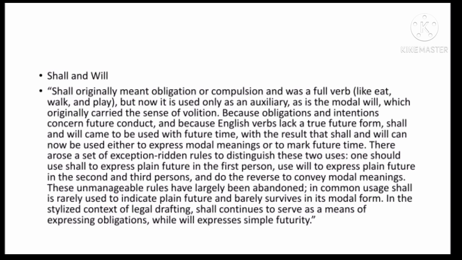These unmanageable rules have largely been abandoned in common use. Shall is rarely used to indicate plain future and barely survives in this modal form. In the stylized context of legal drafting, shall continues to serve as a means of expressing obligation, while will expresses simple future.